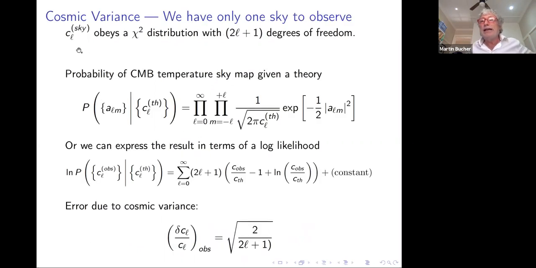Well, here we are a little more formal about this, and each of these elements of the power spectrum obeys a chi-squared distribution with 2L+1 degrees of freedom.